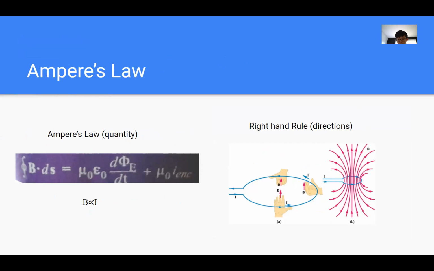If we have a wire with a current, we hold our right hand and point our thumb in the direction of current. Our fingers will wrap in the direction of the magnetic field that it creates. And same thing for graph B: if we wrap our fingers around the current, we will get the direction of the magnetic flux.